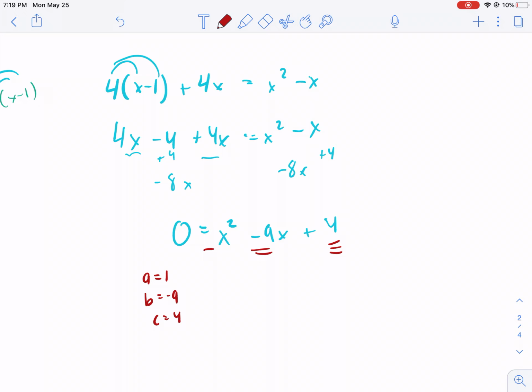We have x equals negative b plus or minus the square root of b squared minus 4ac, all over 2a.